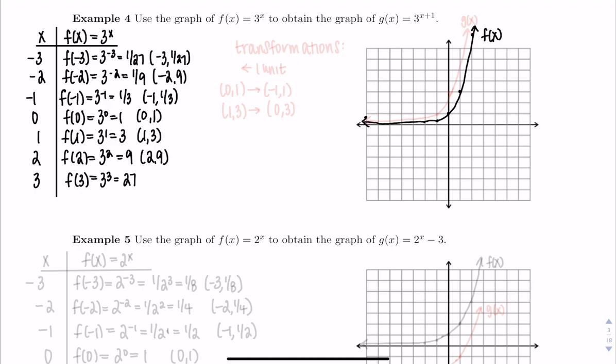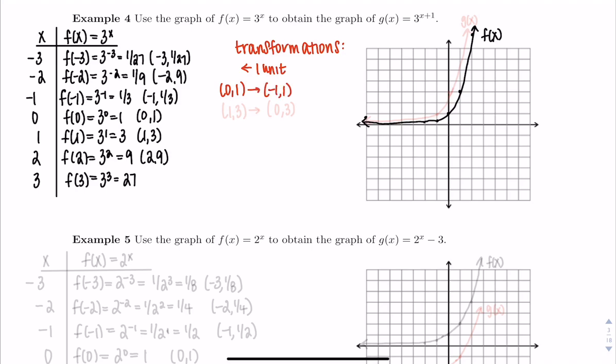We want to use transformations to find the new graph, or g of x. So our transformation: we will be moving left 1 unit. If I'm looking at the point, let's go with an easy one like (0, 1), it's now going to be moved to (negative 1, 1).